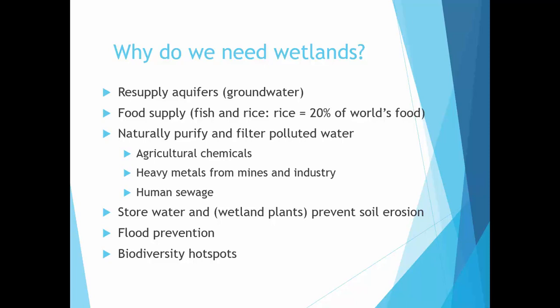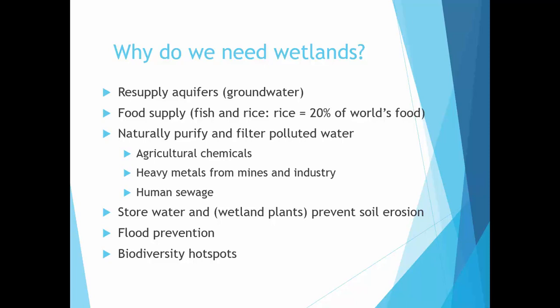Wetlands are also very good for storing water, which seems pretty obvious, but that's important because we need to be able to store water for times when water isn't as available at different times of year. And they also help to prevent soil erosion.